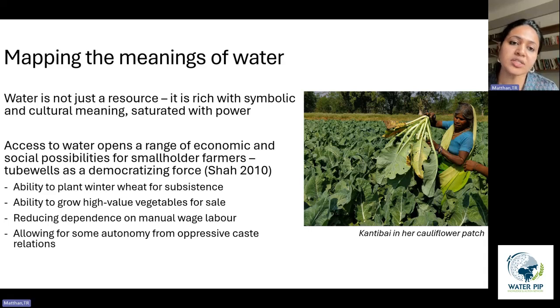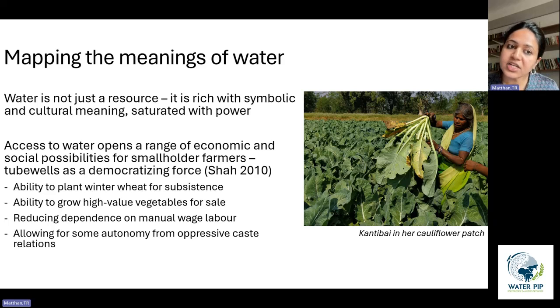So access to water certainly opens up a range of economic possibilities for smallholder farmers, and tube wells have been seen and theorized as a democratizing and equalizing force because now increasingly you have smallholder farmers, oppressed caste farmers who can access water because these tube wells are relatively cheap to construct.